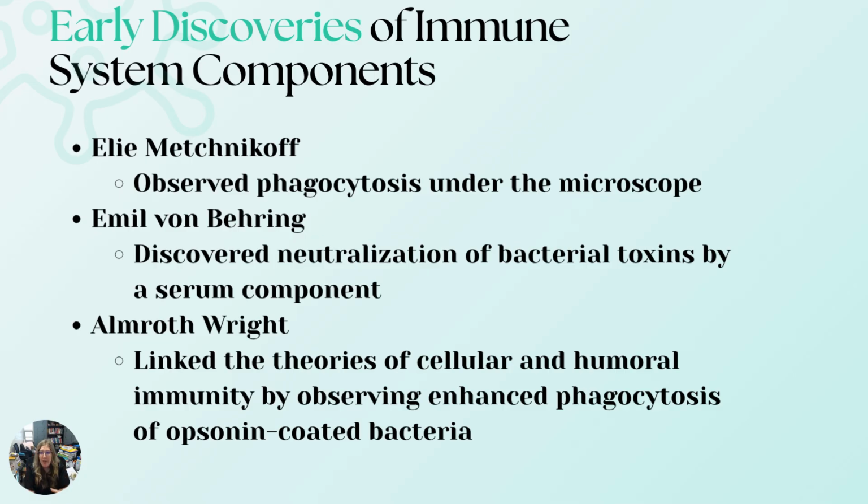And then Wright helps connect these ideas by showing that substances in serum can coat organisms and make them easier for phagocytic cells to ingest. And that's an important theme for this entire course. The immune system isn't just a collection of independent parts, it's components working beautifully together.